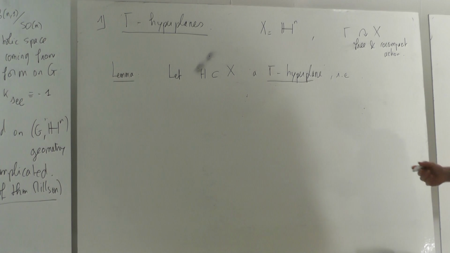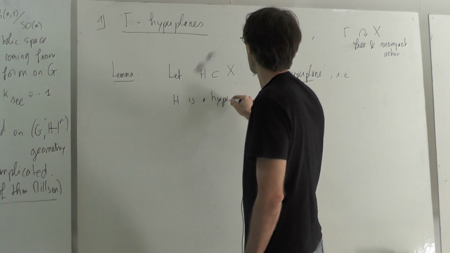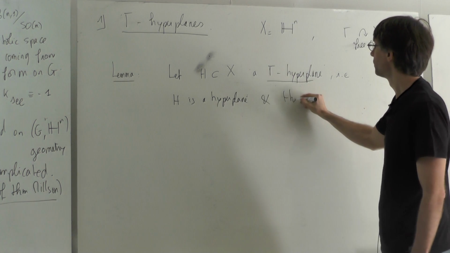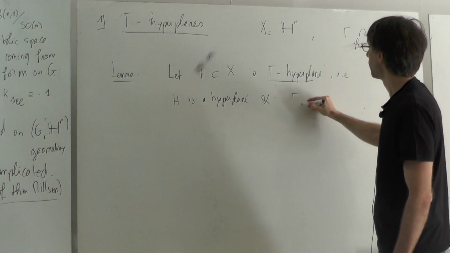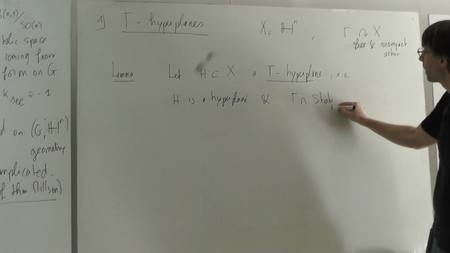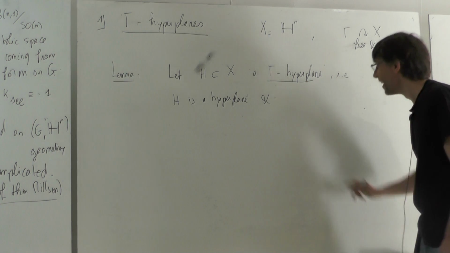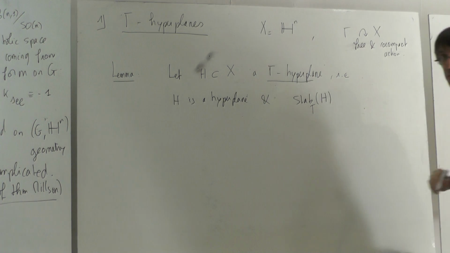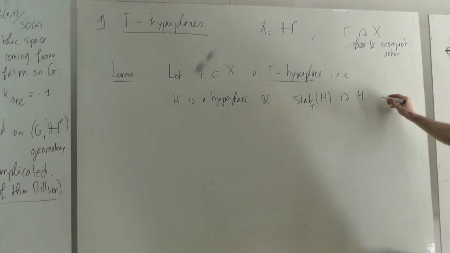Furthermore, you ask that, so H is a hyperplane, and the stabilizer in gamma of the hyperplane H acts on H co-compactly.